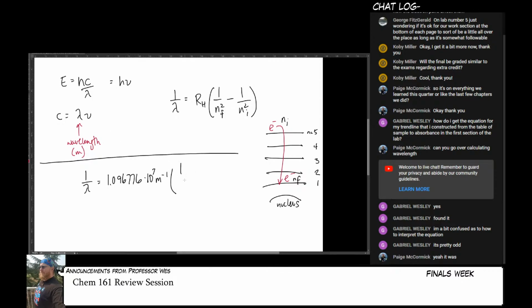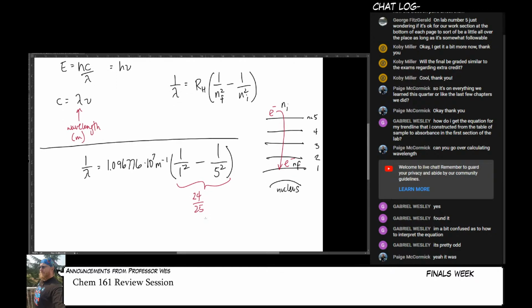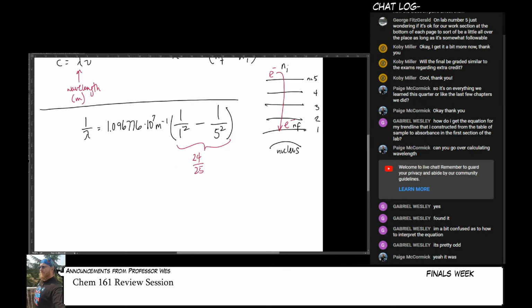Times 1 over n final squared. So n final was 1, so that's just 1 squared. Minus 1 over n initial squared, which is 5 squared. So you could just punch this into your calculator, but the result of that subtraction should be this. And then when I multiply these two things together, I get the inverse of wavelength equals some number of inverse meters.